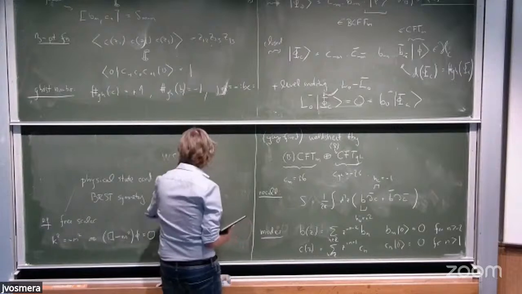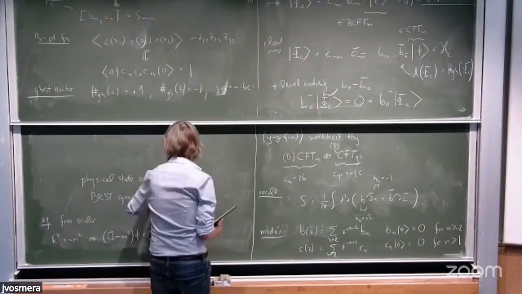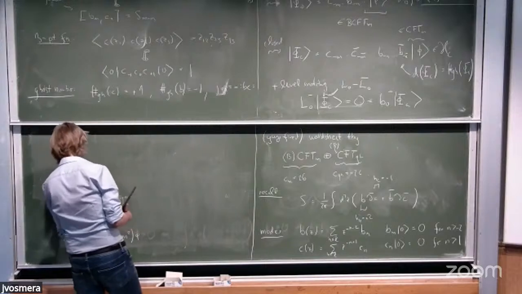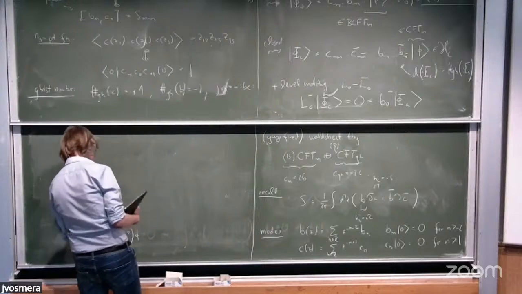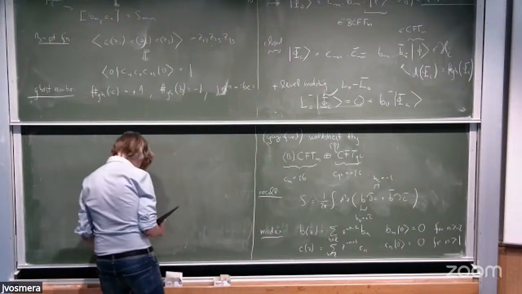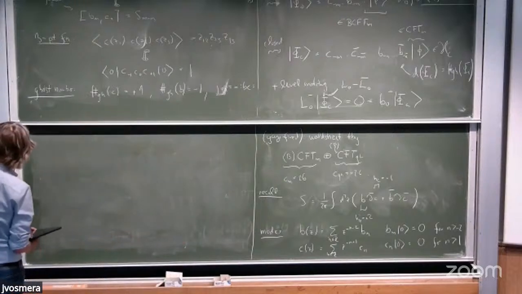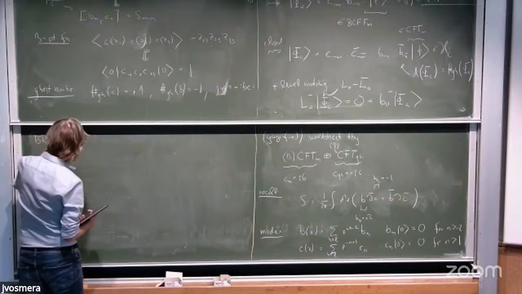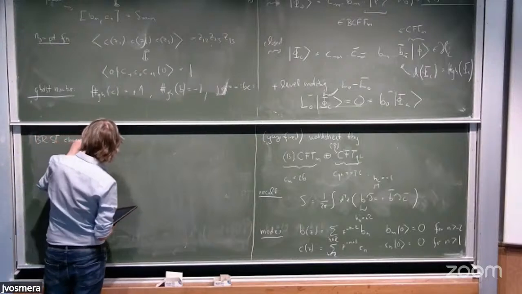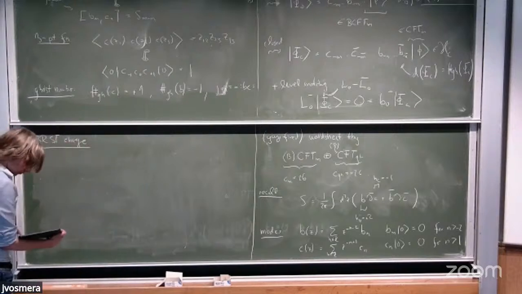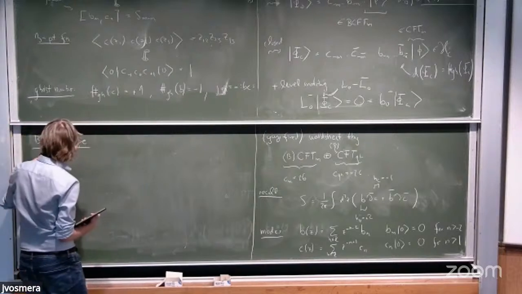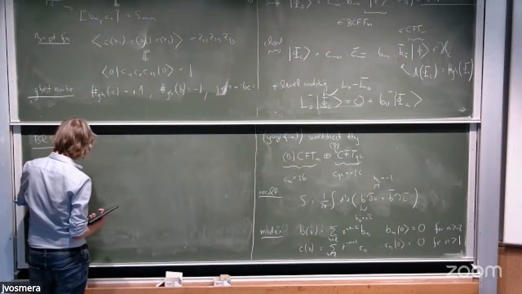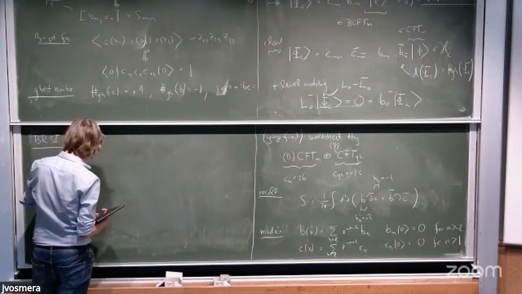So in BRST quantization, the condition which we need to impose on these states in order for them to be associated with physical string states is formulated in terms of an object which is called the BRST charge. Which again, I will write down separately for the open and closed case.